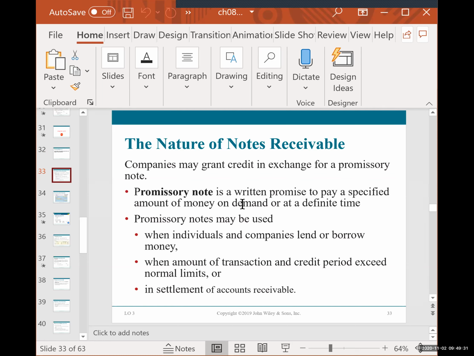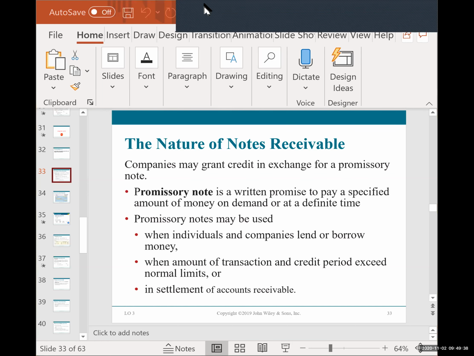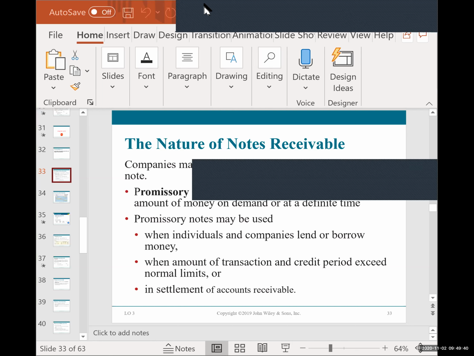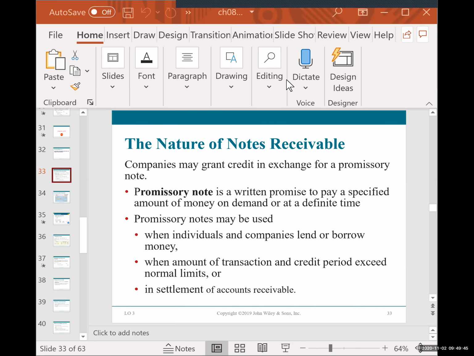When we look at notes receivable, a note is also a promise to pay, but a note is something that is negotiated every single time you make a purchase. You have to negotiate the terms of the note, the interest rates, things of that nature. And notes generally do have interest rates, which makes them different than accounts receivable.